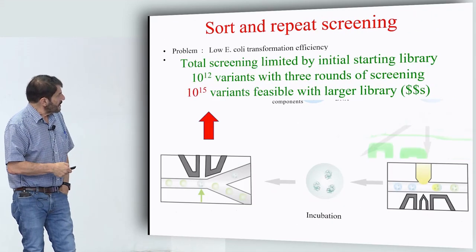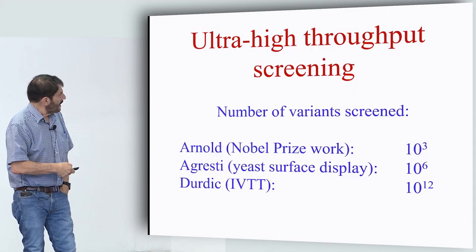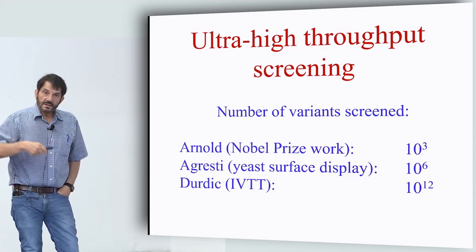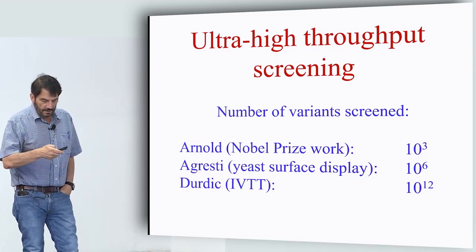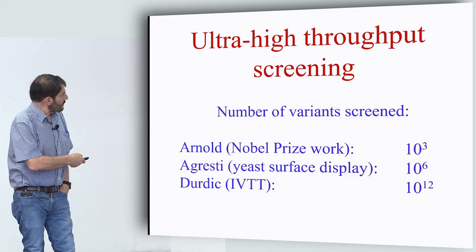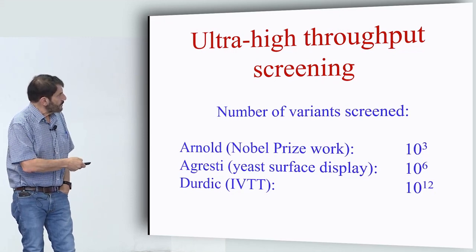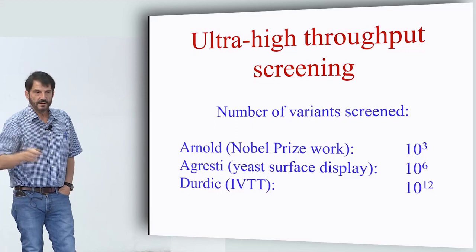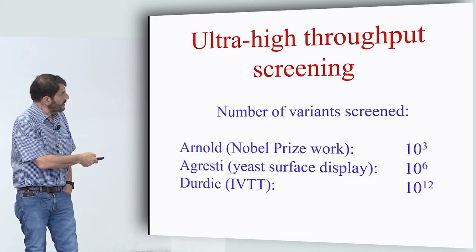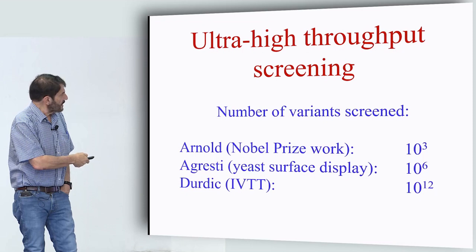I won't show you the results of that, but clearly what you're trying to do is look at as many variants as possible. My estimate is when Frances Arnold did her Nobel Prize work, in one quantum of time for a graduate student, that's about 5 years, the graduate student could probably look at 1,000 different variants.